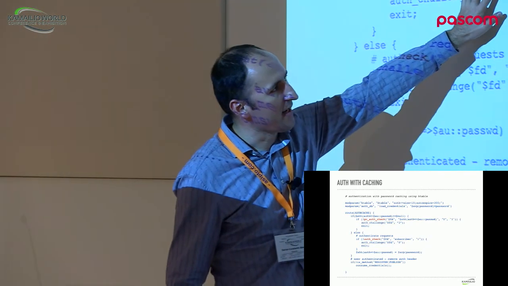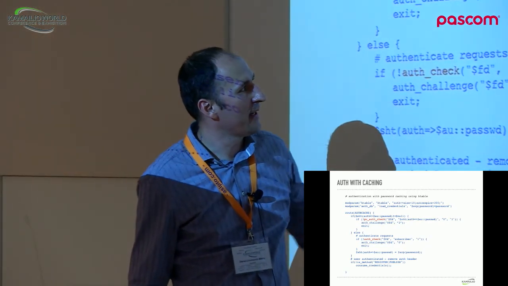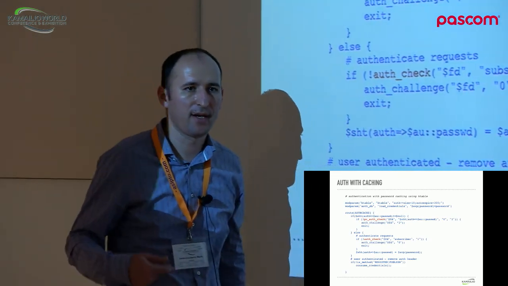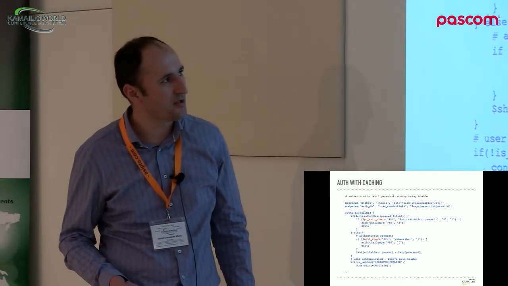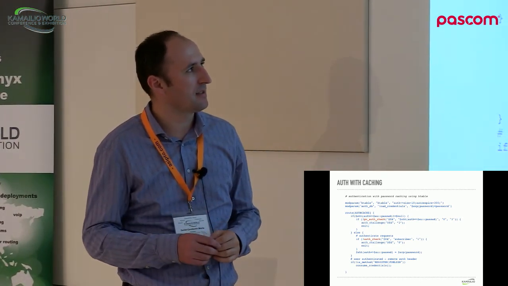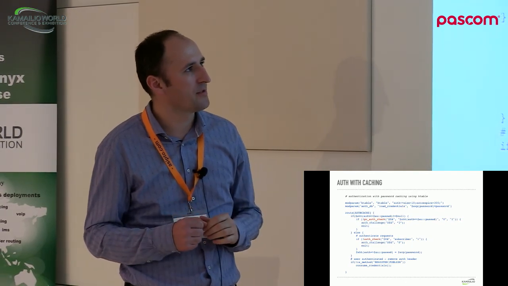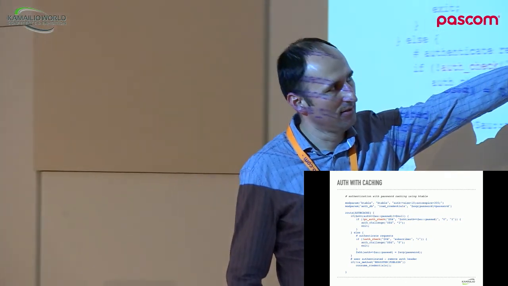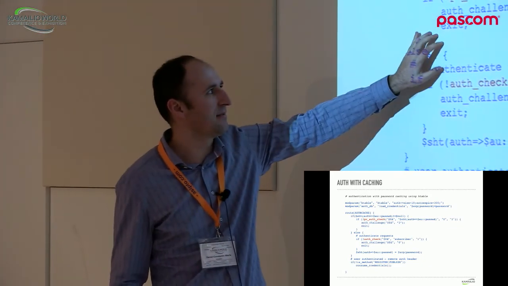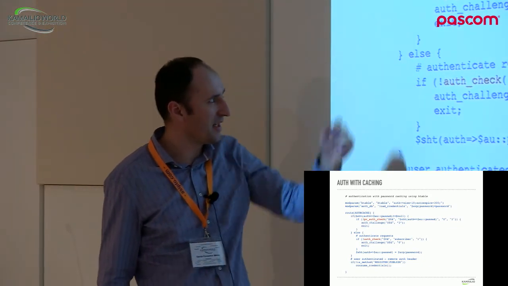So we have the realm that we take from the from domain, the password, and a couple of flags, which define the kind of authentication, MD5, MD5 session, and whether to check if the authentication username is equal to the from username. These are flags that are documented in the readmes. If this fails, we challenge again and we exit.